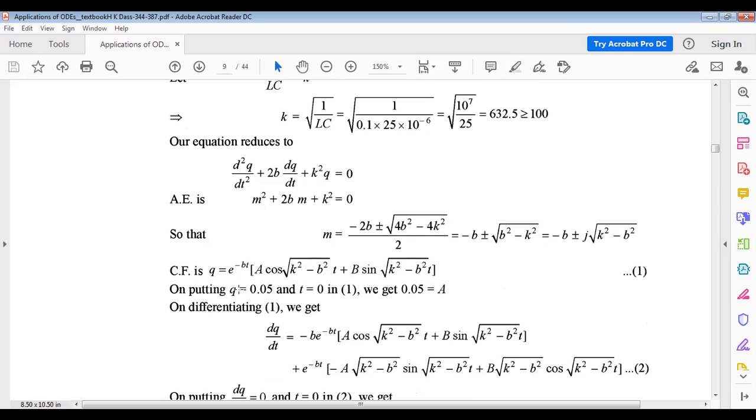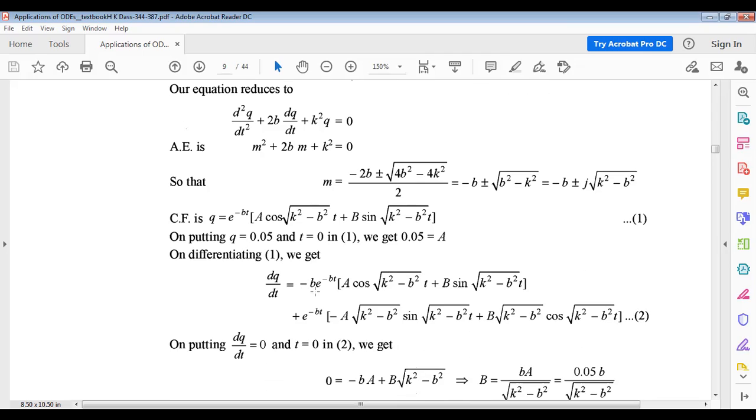Okay. On putting q equals to 0.05 at time t equals to 0, from this equation 1 we get A equals to, putting t equals to 0, this sine term will be 0 whole.